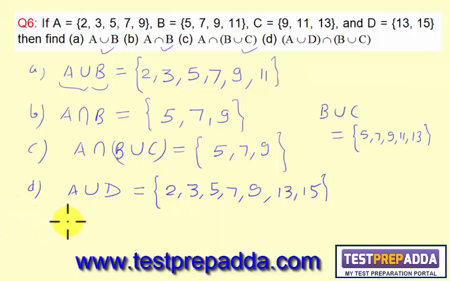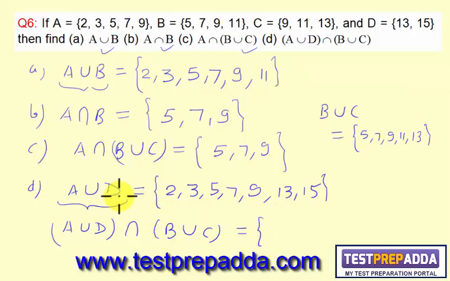Now (A union D) intersection (B union C). So basically we have to find common elements of A union D and B union C. So you can see common elements: 5 is there in both the sets, 7 is there, 9 is there in both the sets, 13 is there in both the sets.